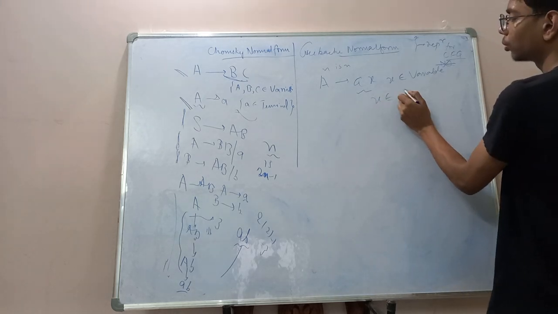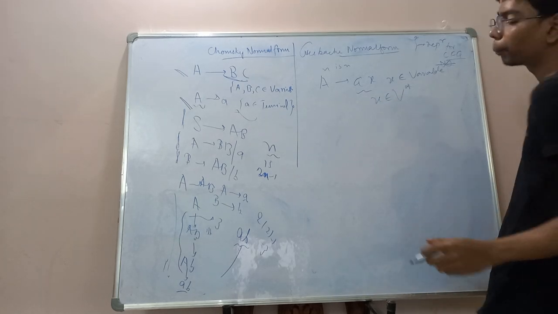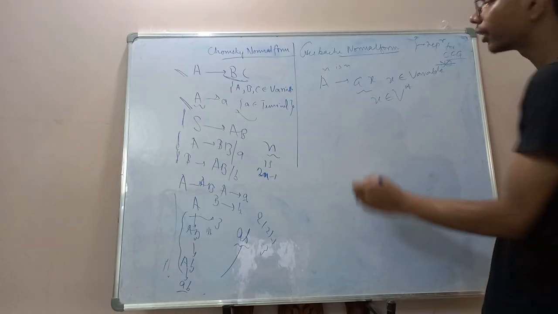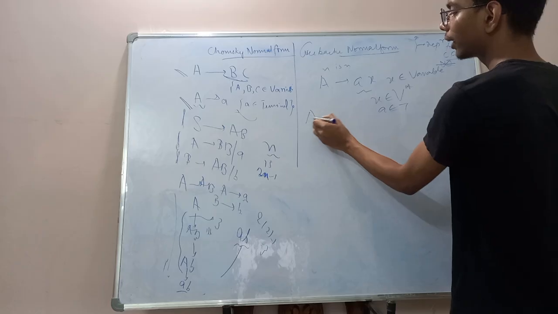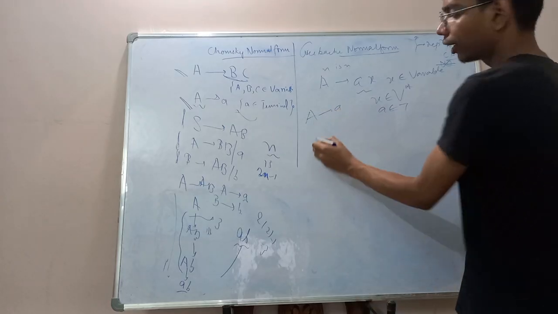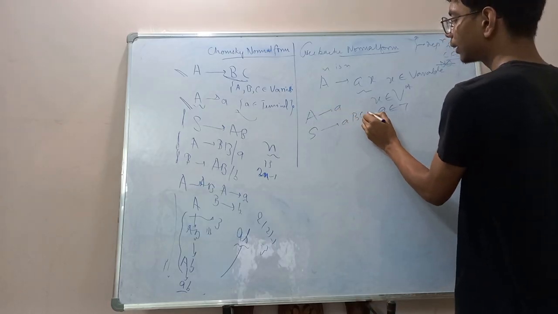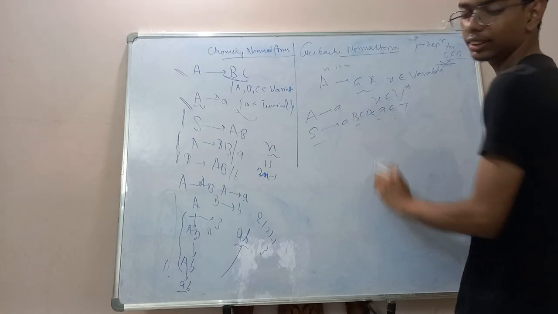X belongs to variable or composition of variables, and a belongs to terminal. So suppose I can have A goes to a, or A goes to aBCDEF, something like this. These are examples.